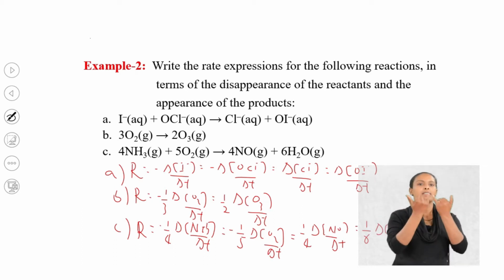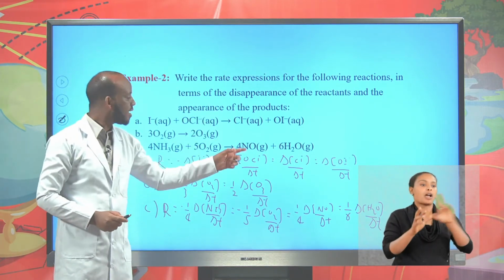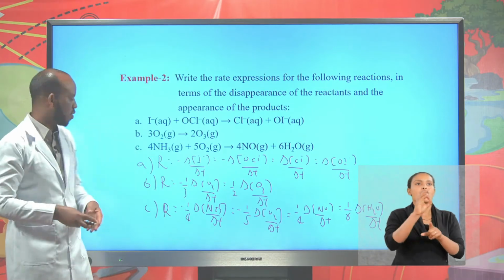These are the rates for this reaction in terms of disappearance of the reactant and in terms of appearance of the product.